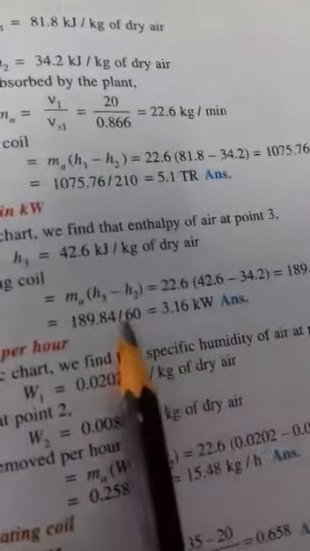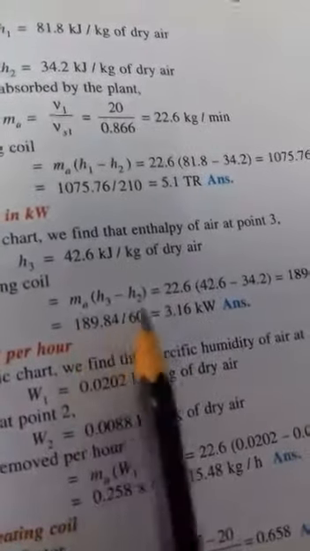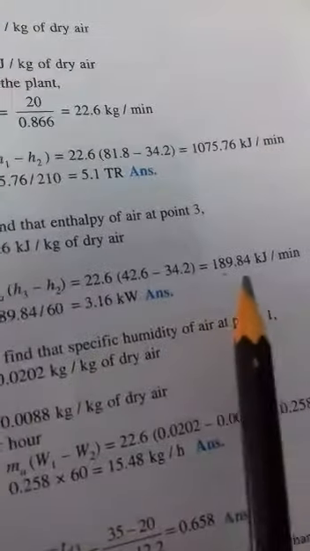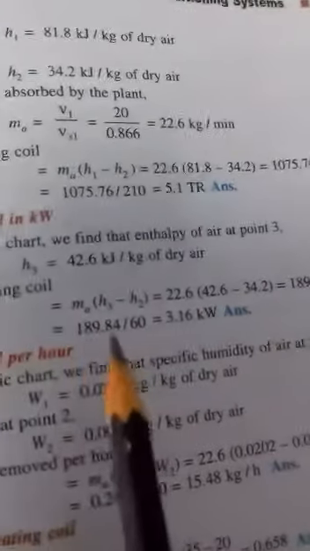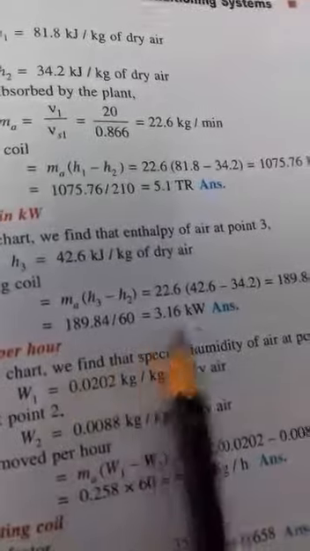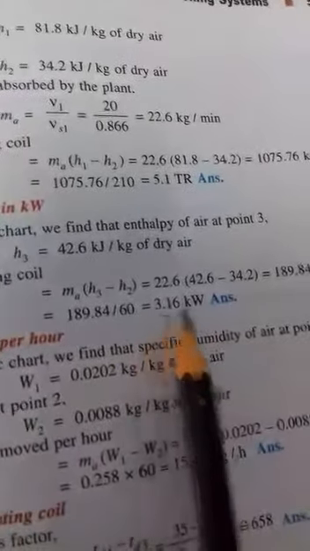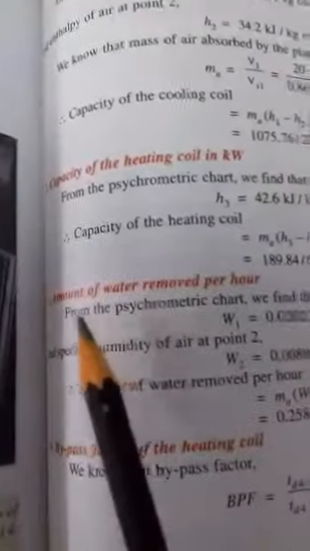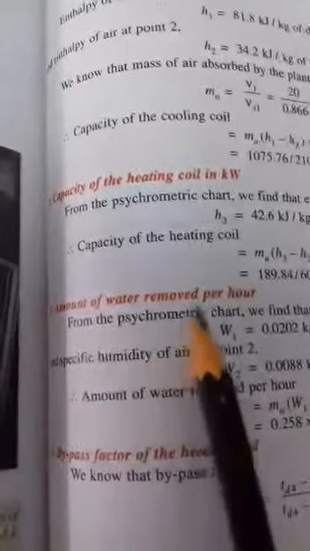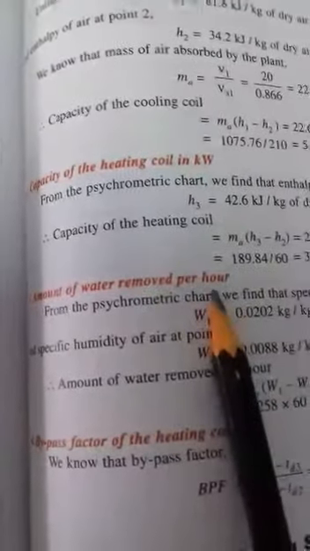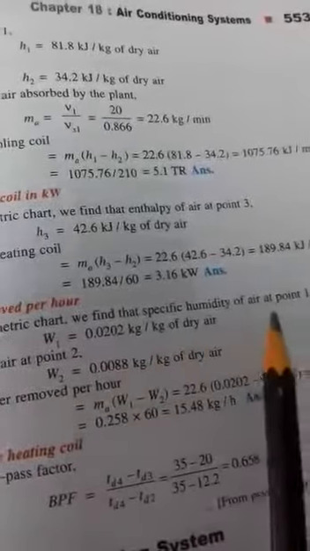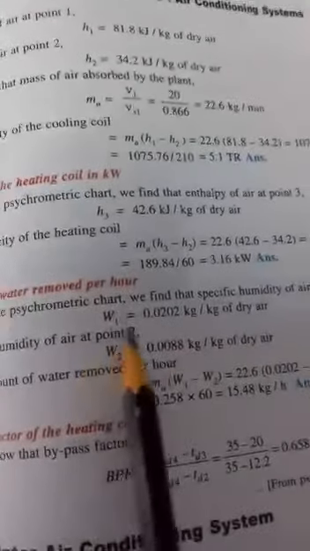Next, the amount of water removed per hour. For that, from the psychrometric chart, we find the specific humidity at point 1, W1, is 0.0202 kg per kg of dry air, and W2 at point 2 is 0.0088 kg per kg of dry air. So the amount of water removed will be MA into W1 minus W2.